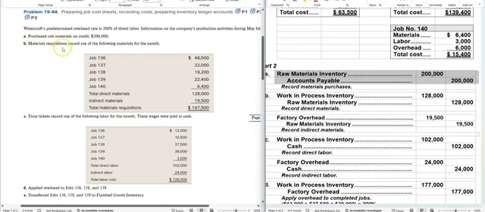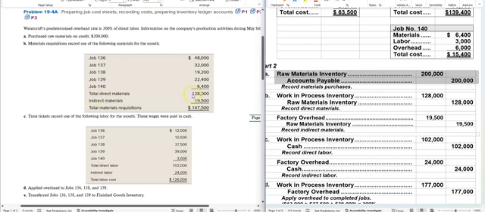Material requisitions. Requisition is a term just meaning they were called into use. These materials were requisitioned, or called into use, in the production process. They have broken the amount of direct materials by job, but in the accounting system, we only care about the materials that were used directly in total.